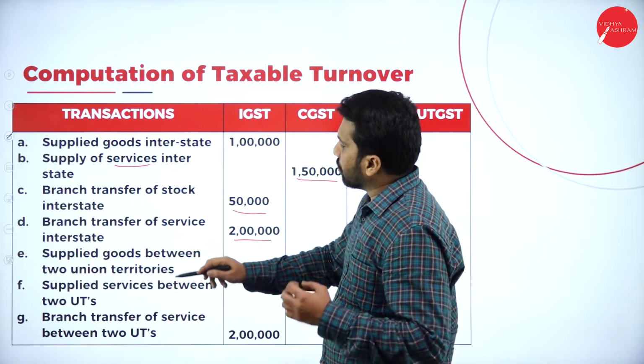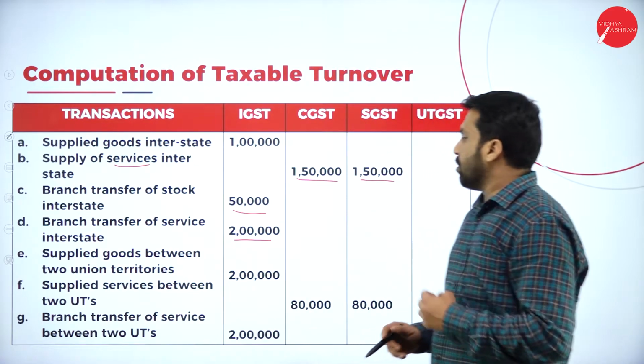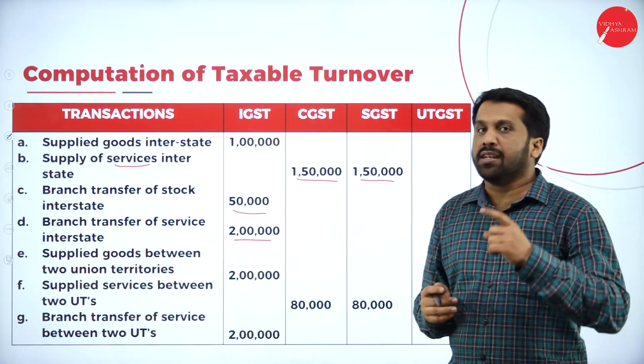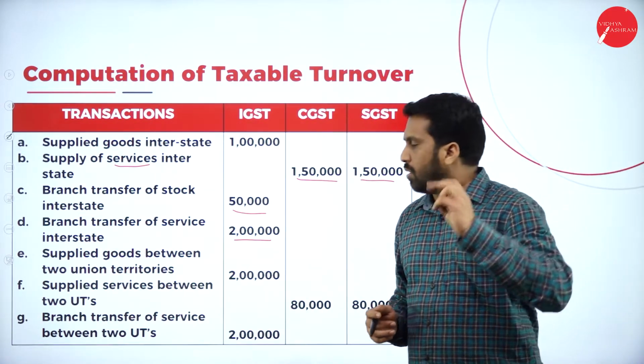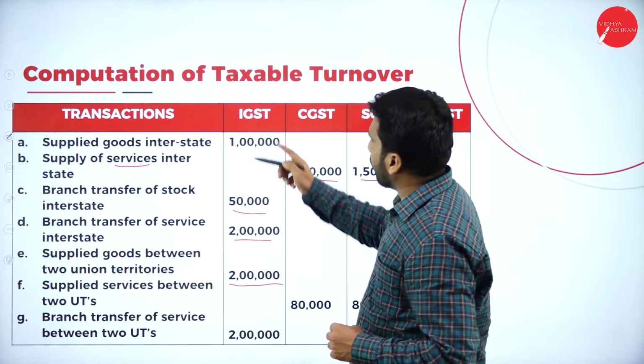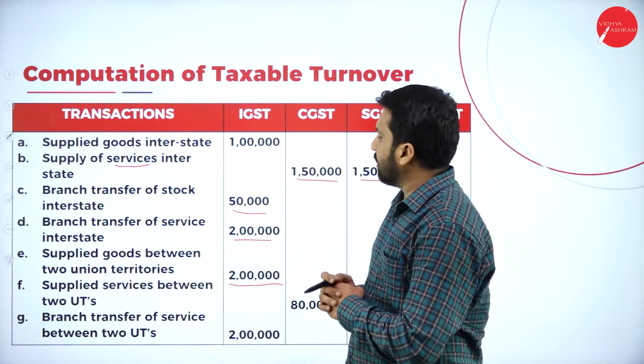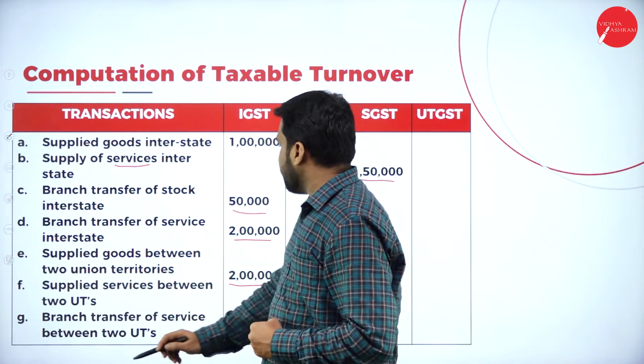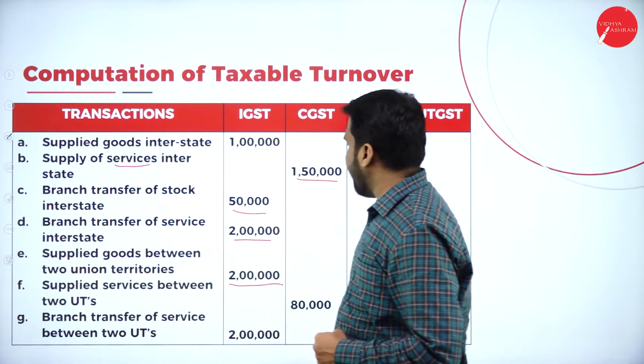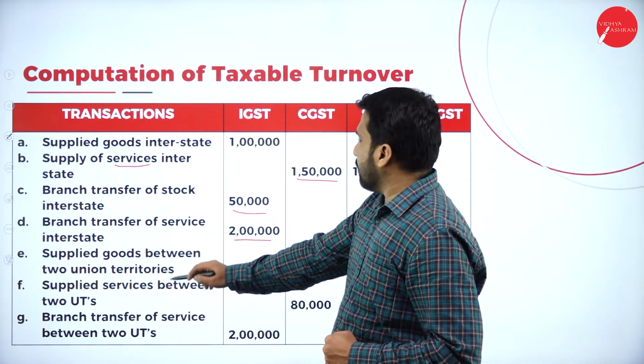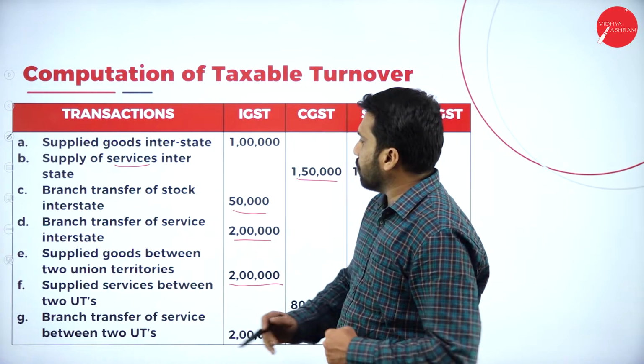Supply of goods between two union territories. You know what union territories are? If it is between two, then it will be what? Your IGST. Then, next one, branch transfer. Before that, supply of services between two UTs.